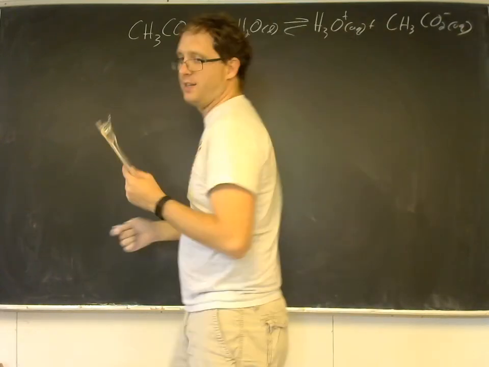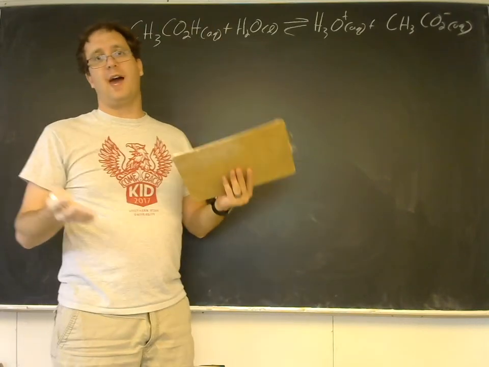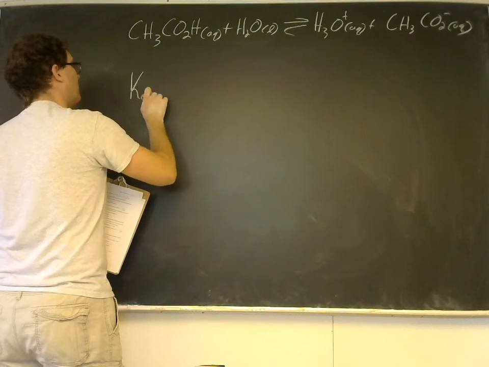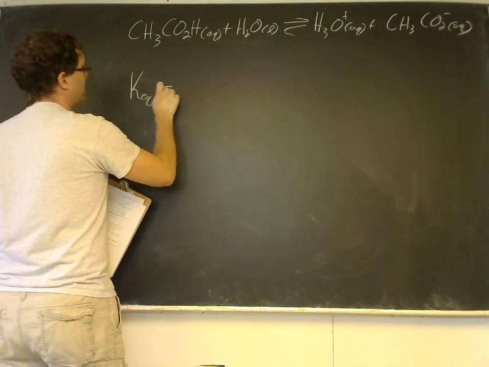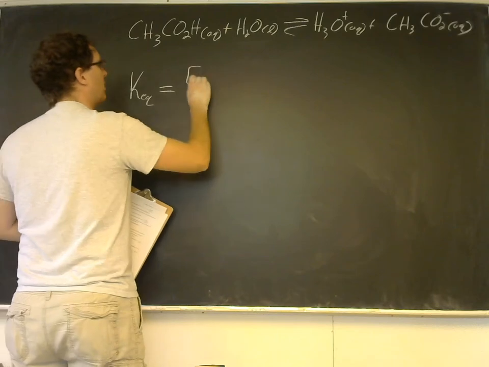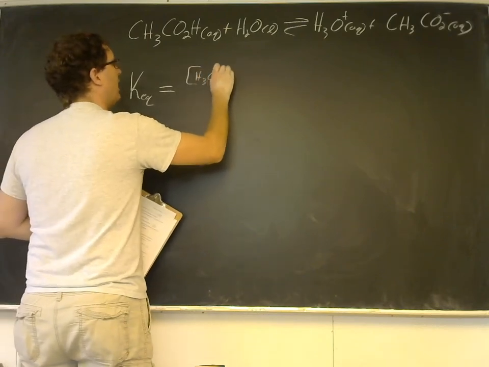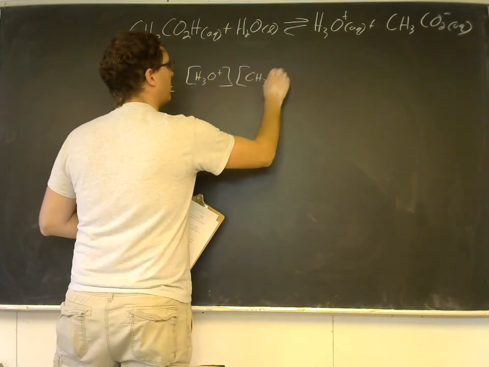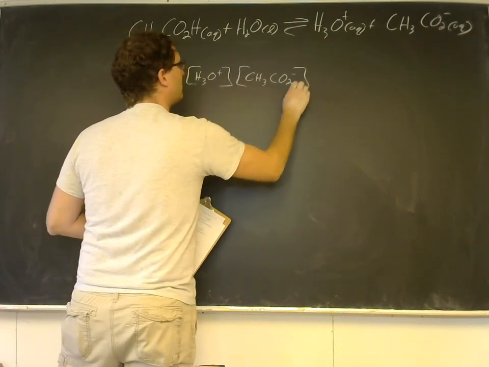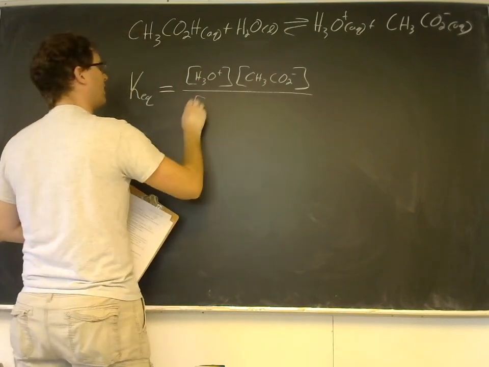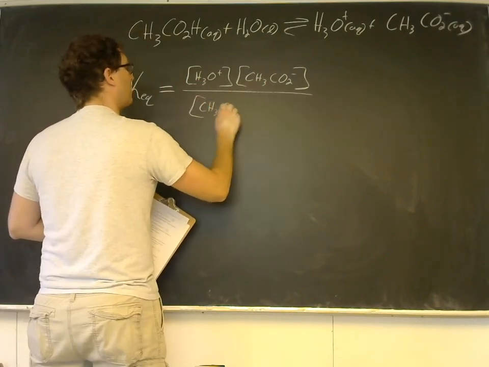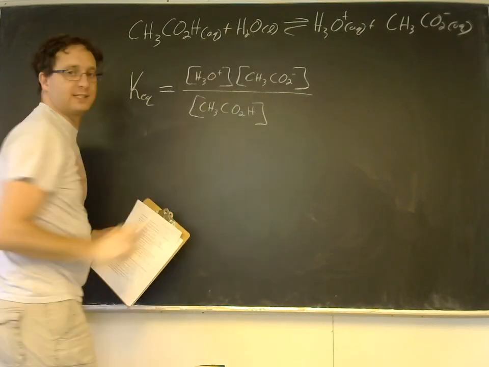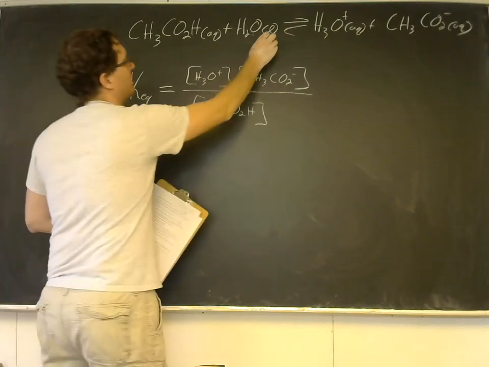This is the weak acid reaction of acetic acid with water. And Keq or Kc in this case is going to equal the concentration of H3O plus, and the concentration of CH3CO2 minus over the concentration of CH3CO2H, acetic acid. Water is absent from this expression because it is a liquid.